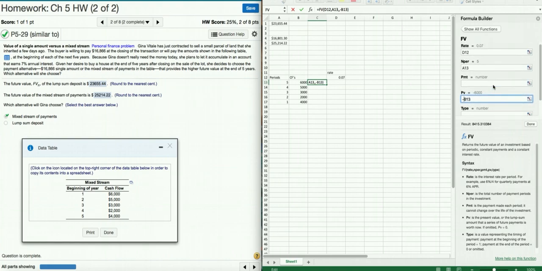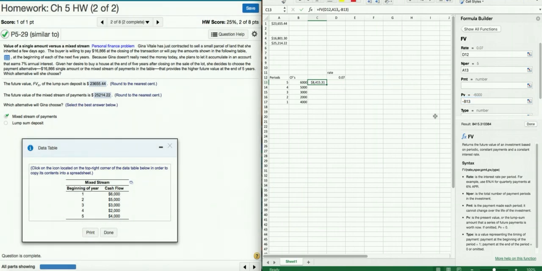And then when it comes to the rate, when we finish the formula here, and we want to copy the formula down to the other cells, so we're not having to do the same thing for each of the other cash flows, if we don't use an absolute reference for the rate, then the rate's going to copy down to these empty cells below it.